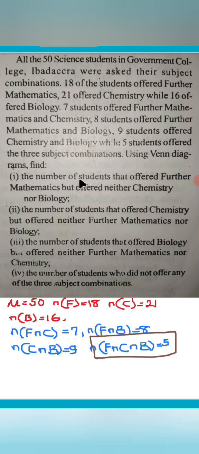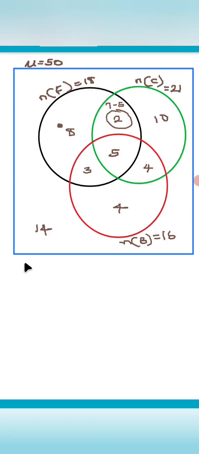The first question asks for the number of students that offered further mathematics but neither chemistry nor biology, which means further mathematics only. So the first one is number of F only, and that is 8, which is what is in this circle alone.